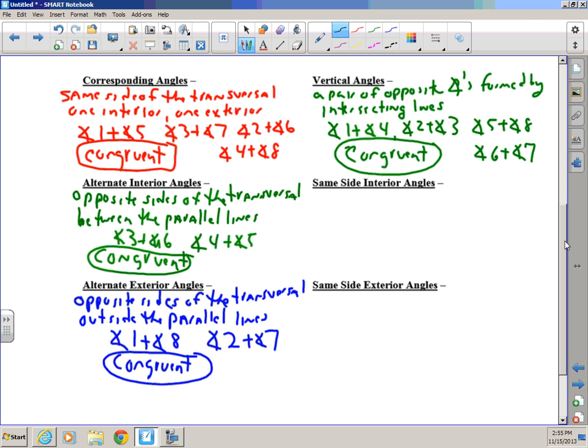Now I'm going to go to the same side interior. Same side means that they're on the same side of the transversal, and if they're interior, they're between the parallel lines.